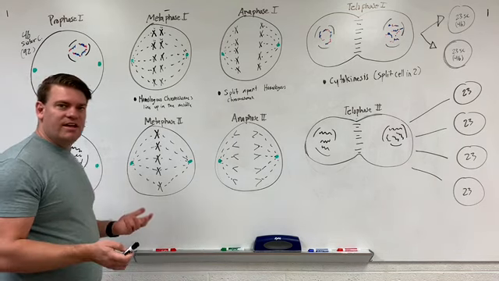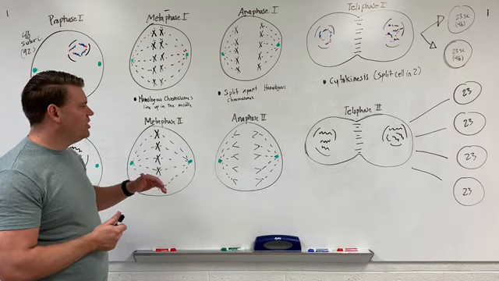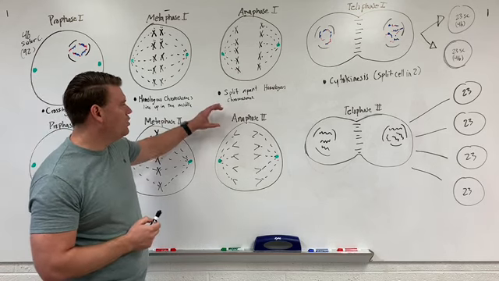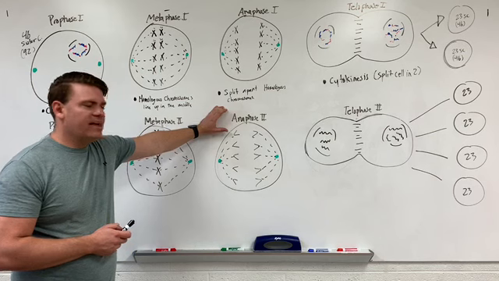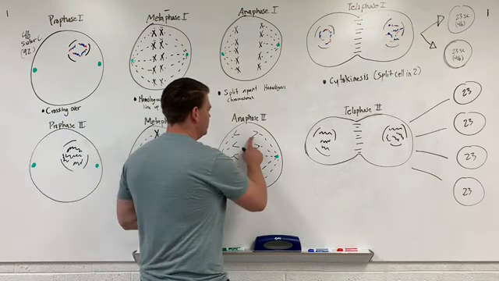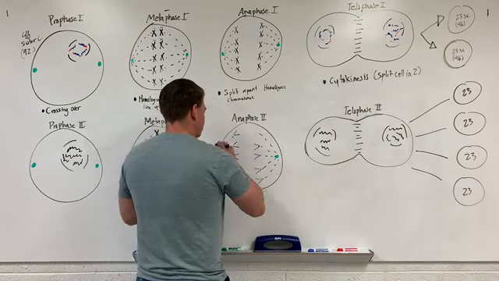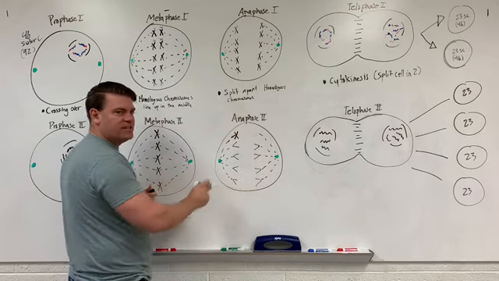Now, there's an interesting thing that happens. What happens if there is a problem in meiosis? And usually that problem would happen in anaphase. So let's say in a situation where there's a problem, and this sister chromosome didn't split in anaphase.